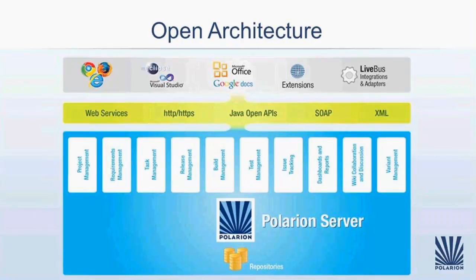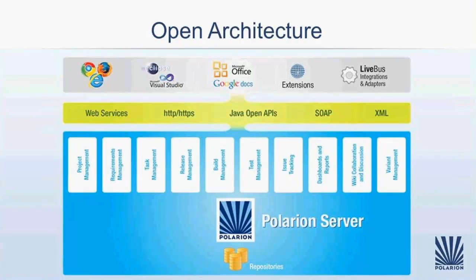Also, the last topic, if we talk about integrations, we deliver some adapters to connect to different kinds of tools. If you are already using tools or you want to connect the ALM software of Polarian to a different kind of tool, for example, for test automation, there might be some integrations available. But in general, Polarian is, like I said, really flexible.